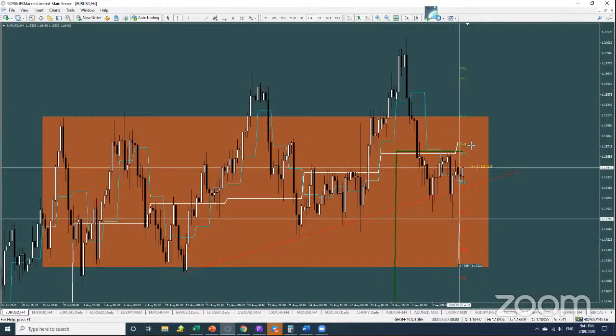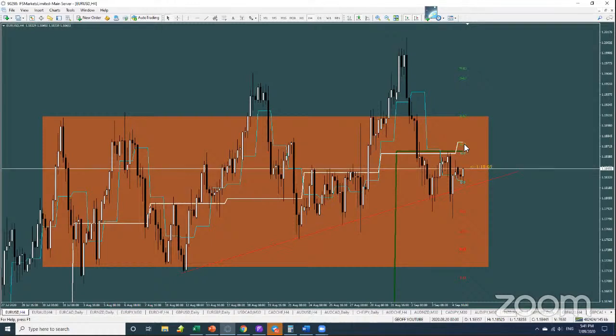I'd much prefer to see price get up to here, I've got to say, and give me something that looks like maybe that, something like that on the pivot. Something like that would be good as well. So a high test bar basically on these pivots.